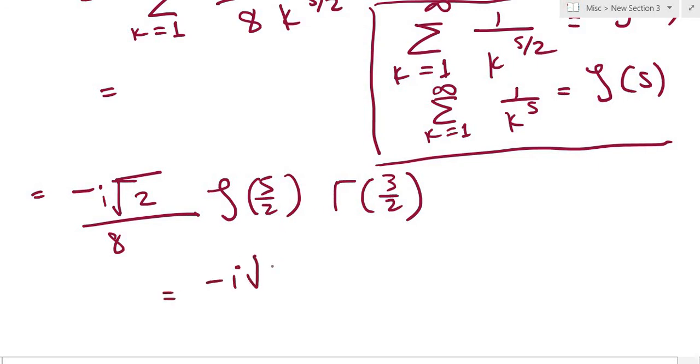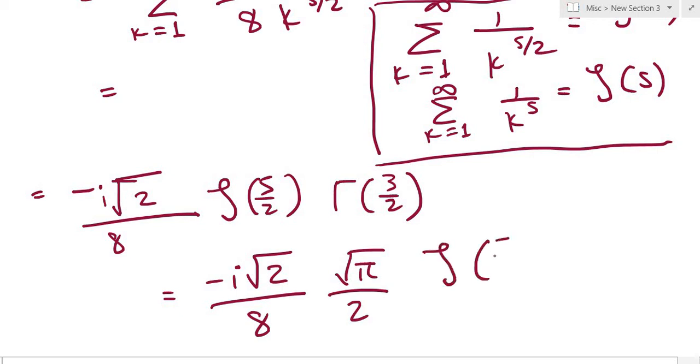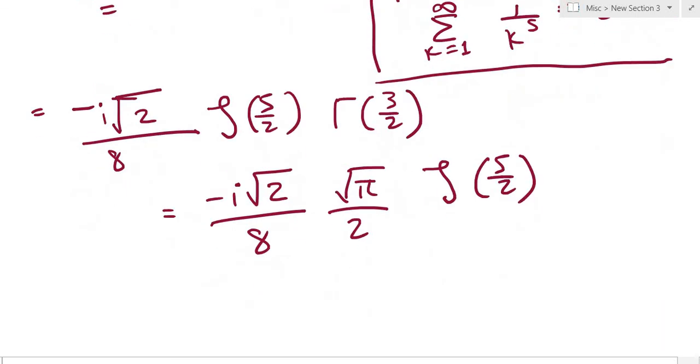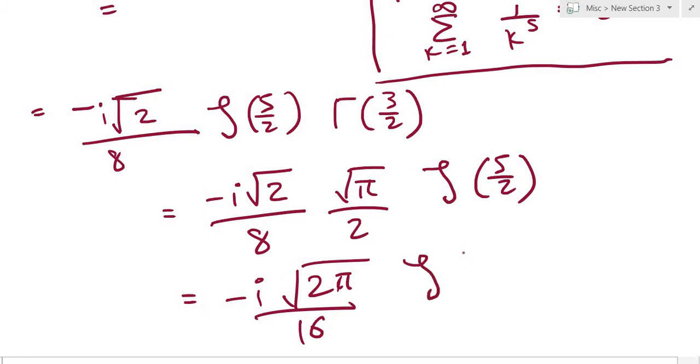So minus 1 times root 2 over 8 times square root of pi over 2 times the Riemann zeta of 5 over 2, which is minus i times square root of 2 pi over 16 times the Riemann zeta of 5 over 2.